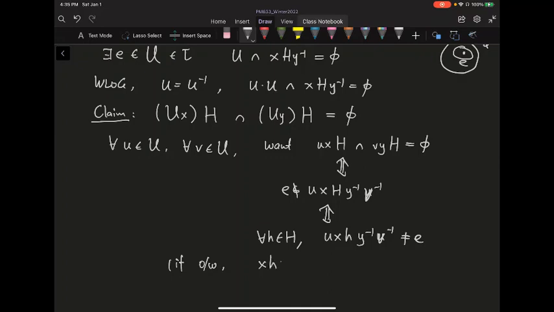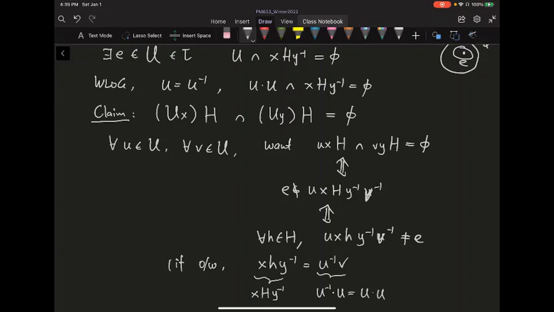I have xhy inverse. That's going to be equal to, on the left-hand side, I have a multiplier u inverse, and on the right-hand side, a multiplier v. So on the left-hand side, you have something coming from xHy inverse, and on the right-hand side, you have something coming from u inverse dot U, which is just U dot U because U is symmetric.